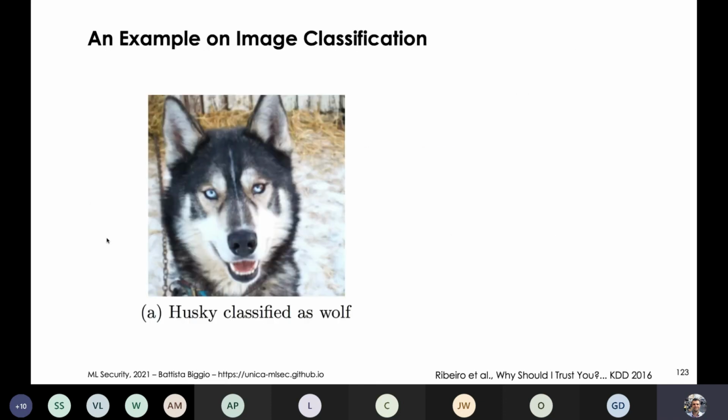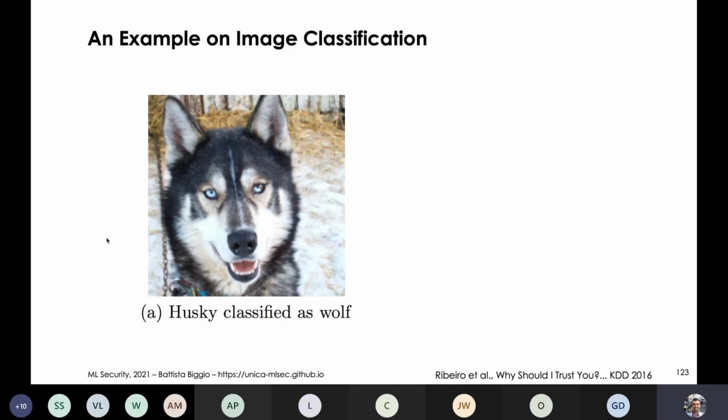And here I have just a quick example on images, where I show you this method developed by Ribeiro et al., which is called LIME, which was actually one of the first methods for explaining decisions of image classifiers, where the idea is just to highlight the pixels which mostly contribute to specific decisions, which is again somewhat related to the notion of the gradient of the classifier, or approximated in a different way.